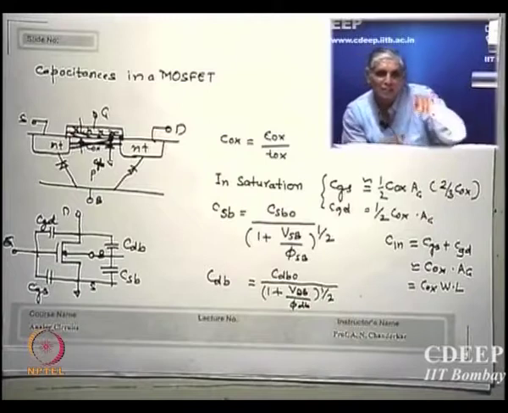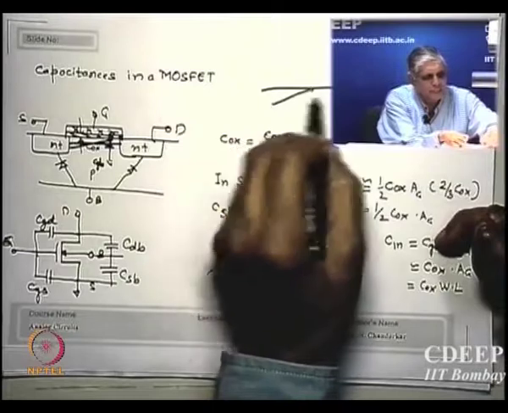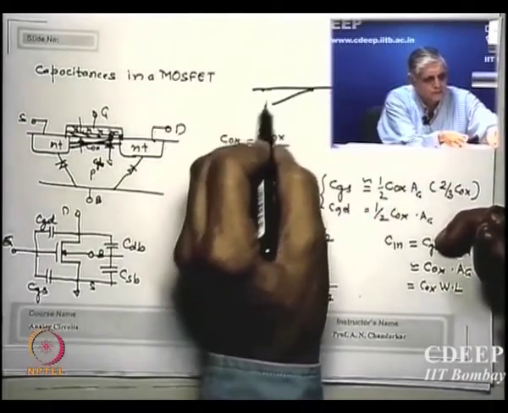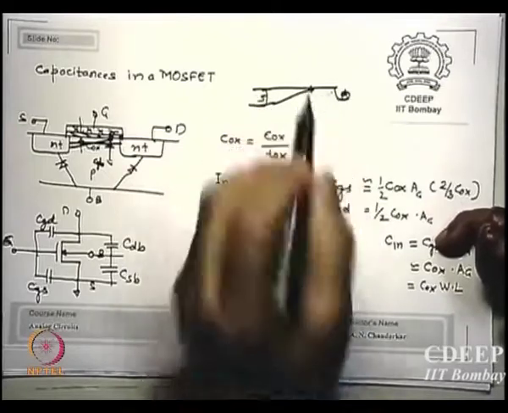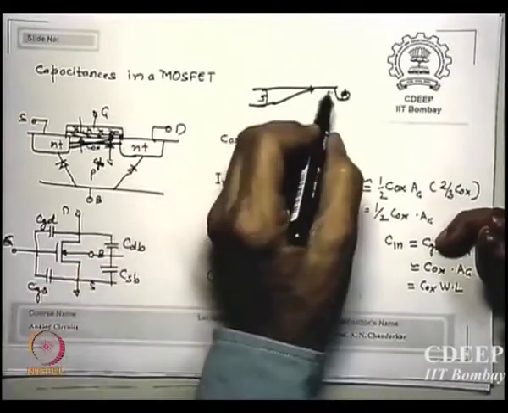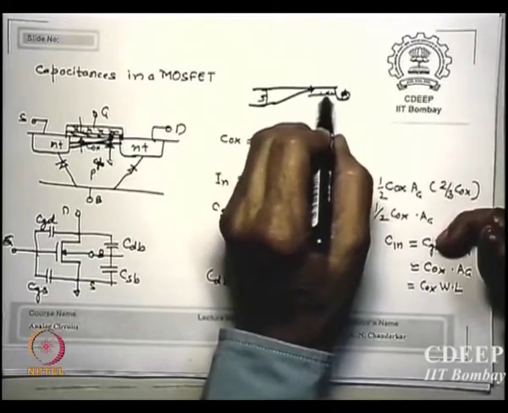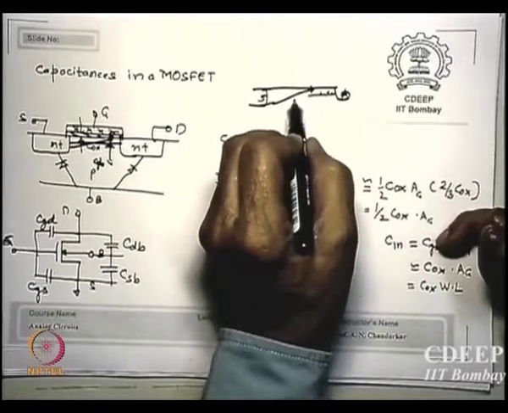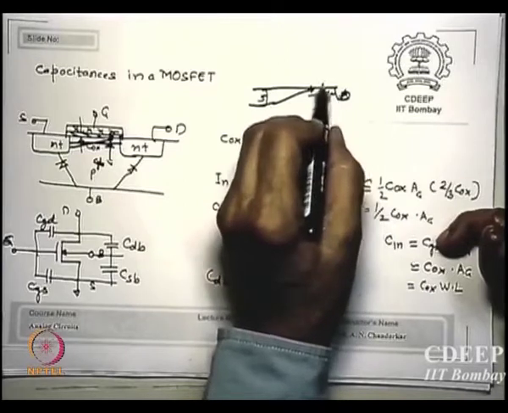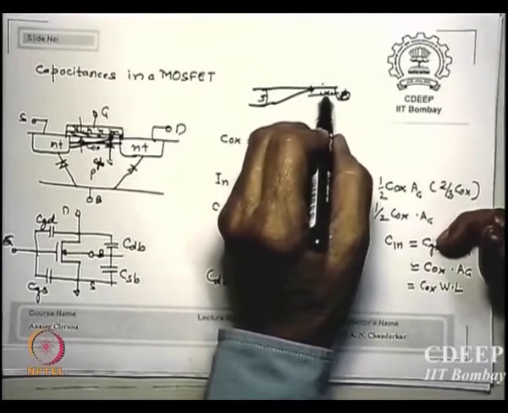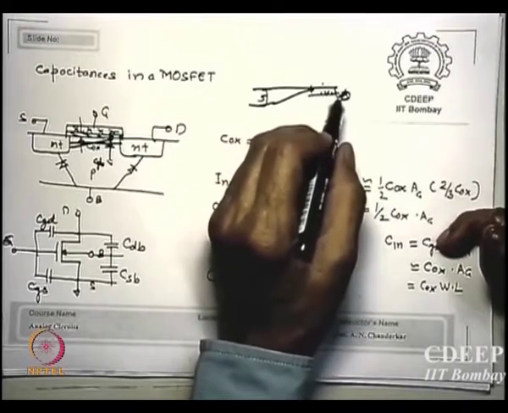Is that point clear? I repeat, in a MOS transistor, when the channel pinches off here, the drain is now not connected to the oxide because there is a semiconductor depletion layer here. So the capacitance here is due to the depletion layer and not due to the oxide. Is that correct? So CGD is now essentially because of the semiconductor capacitance on the lateral side and not so much from the upper side.